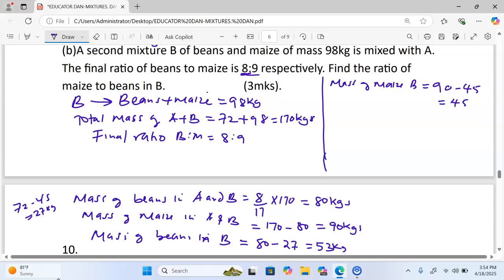So once we have that, we can now proceed and get the ratio of maize to that of the beans.